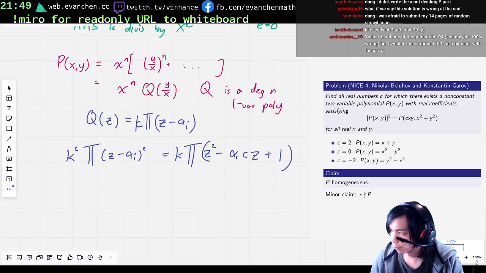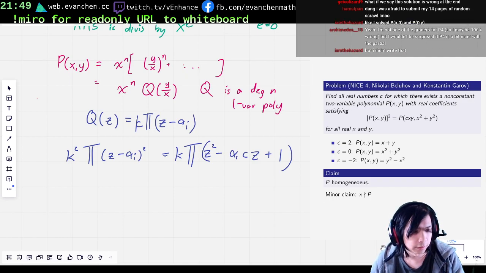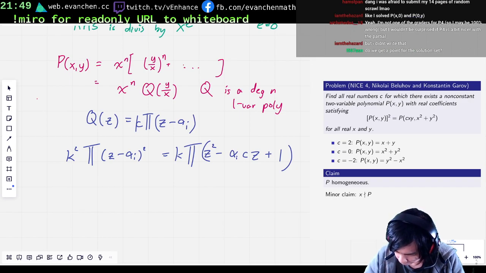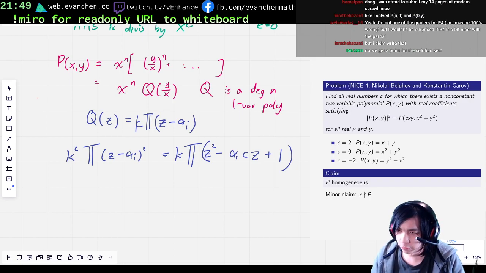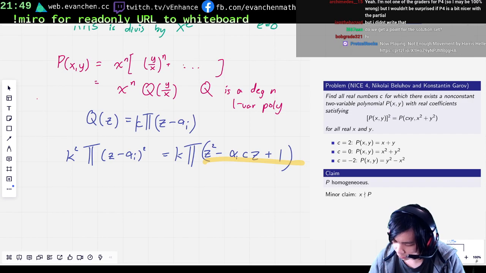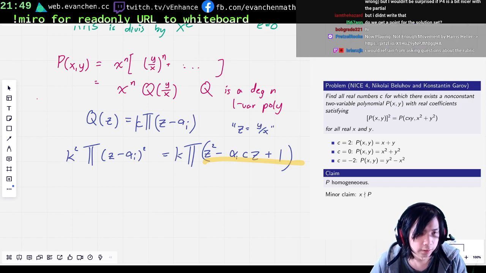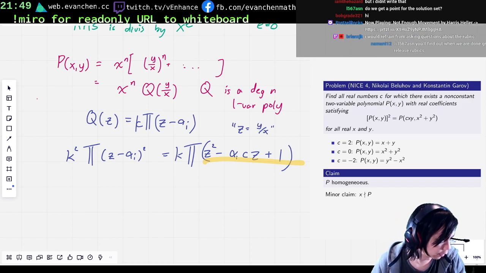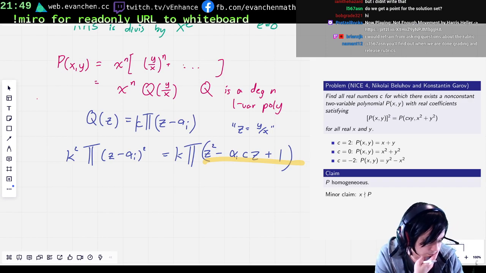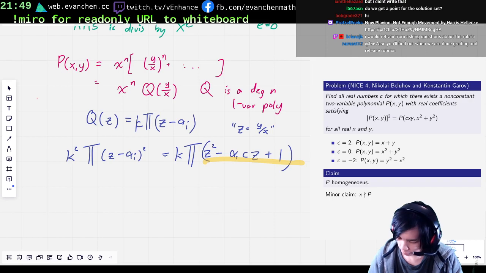This is the x squared plus y squared over xy that comes out to this. So you can imagine setting z equals y over x, and you'll see why this is true, because I'm just plugging stuff in directly like this. Okay, great.